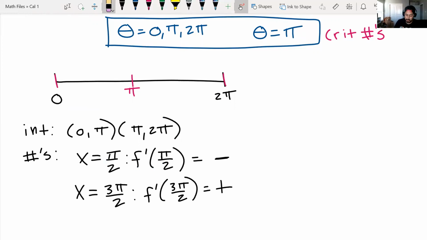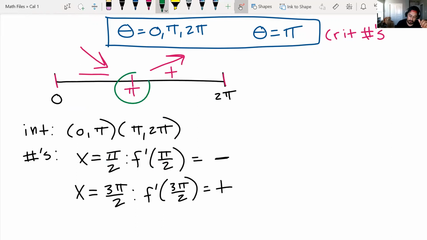Okay, so based on my values, we are negative from 0 to pi, which means we are decreasing. We are positive from pi to 2 pi, which means we are increasing.